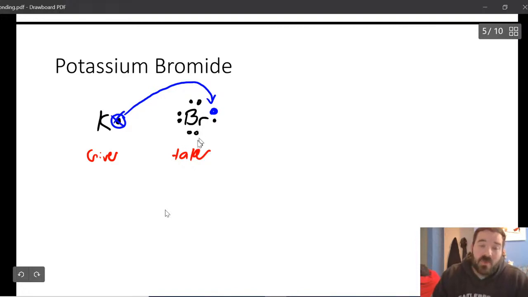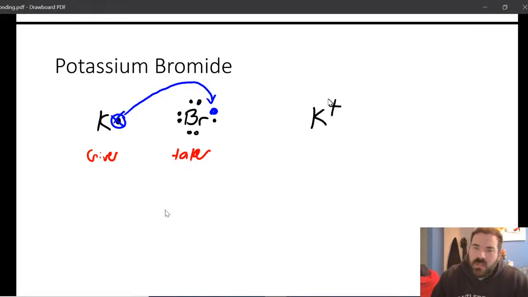Now that's not bromine anymore, now it's bromide. So now we have a potassium atom, and I'm going to redraw these Lewis dot diagrams, but I'm going to draw them as ions. So this is going to become a positive charge now because it's got 1 less electron, so it's got a 1 positive charge. We could write the 1 in there, but by convention, just like in mathematics, we don't really write the 1 very often. If it's just a charge of positive 1, we just write a plus.